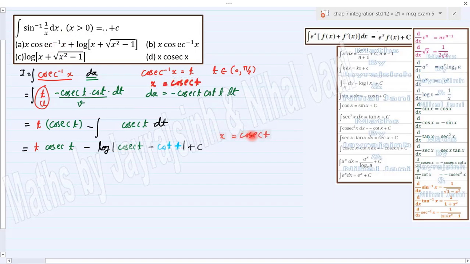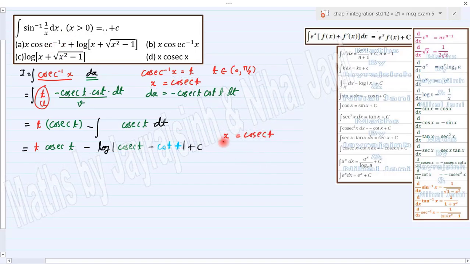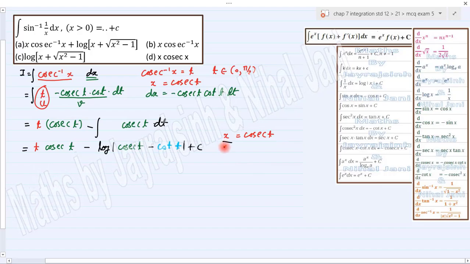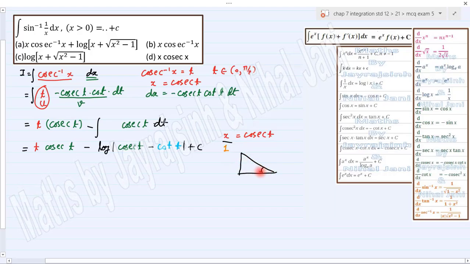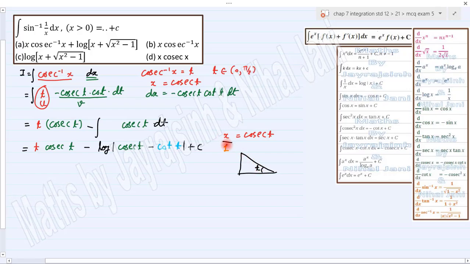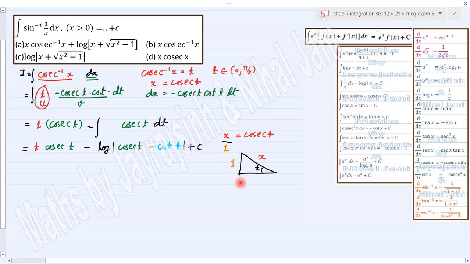So let's get our assumption. Your cosec t is equal to x, or we can say x upon 1. So if we draw a triangle and consider this angle as theta, then cosec t, which is actually hypotenuse upon opposite, will give us hypotenuse as x and opposite as 1. So your adjacent side will be under root of x square minus 1. So we can get the value of cot t from the triangle.